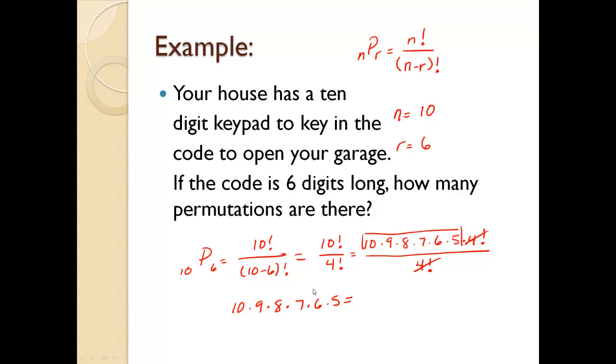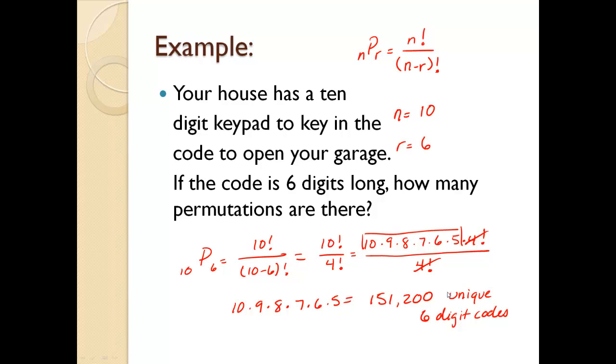So when you have that for your answer, you get 151,200. So there are 151,200 unique 6-digit codes that you could have to get into your garage using this keypad.